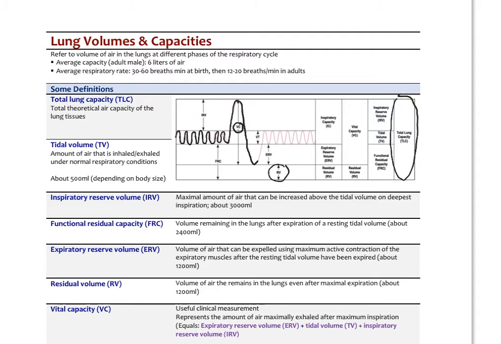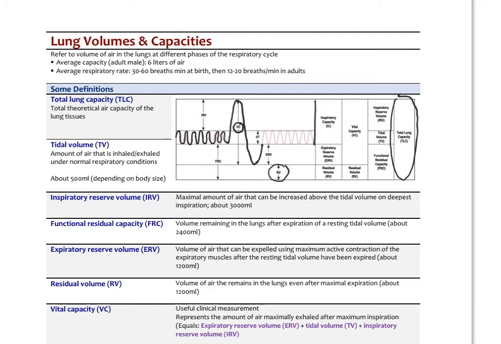And then we have things like what's called the expiratory reserve volume. That's basically under the tidal volume with your maximal expiration, how much air is there, and then how much can you maximally inhale here. That's the inspiratory capacity and the inspiratory reserve volume, etc. So lots of different definitions there.